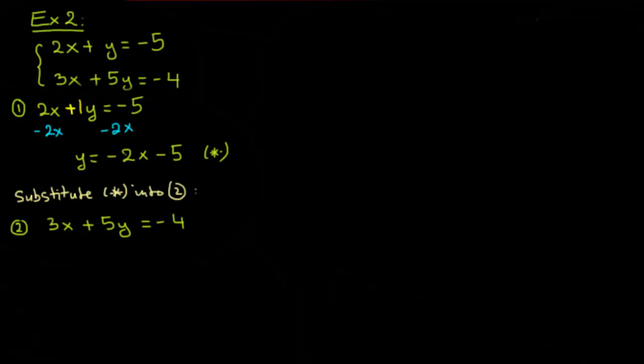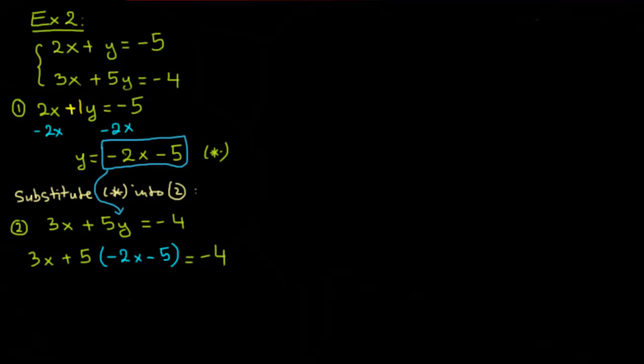Based on the experience from the last example, we see that y equals -2x minus 5. So I'm going to plug this into the place of y in the second equation. So we will have 3x plus 5 times (-2x minus 5) equals -4.